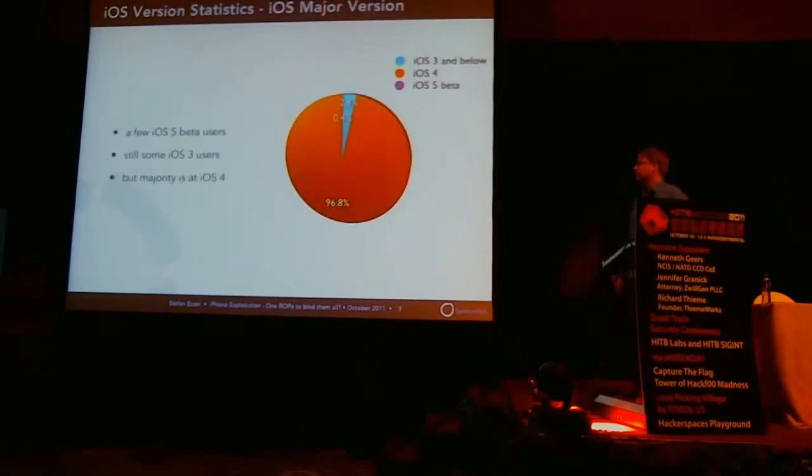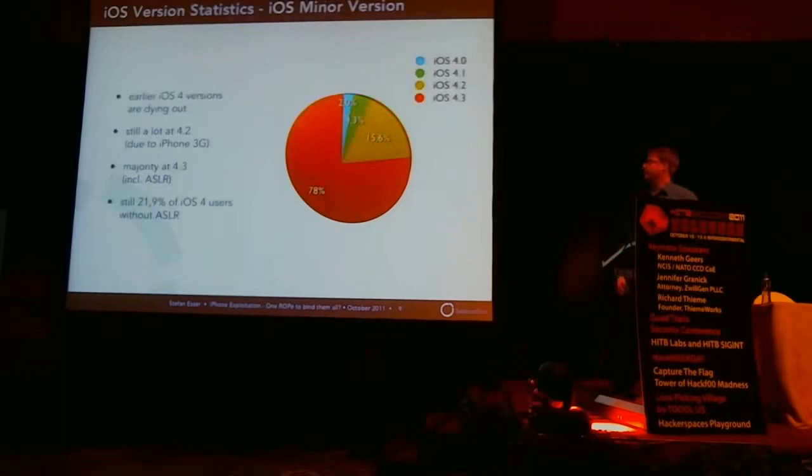When we look at what kind of major version is used, you will see that there are very few iOS 5 beta users at the time, a little bit of users for iOS 3 and below, and the majority, 96.8%, is running iOS 4.